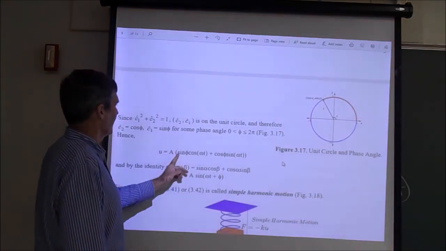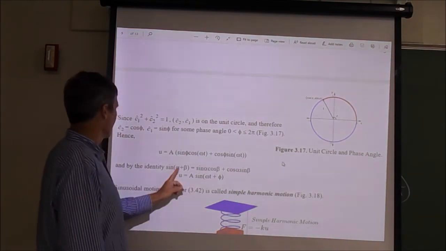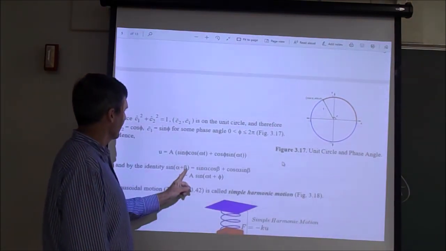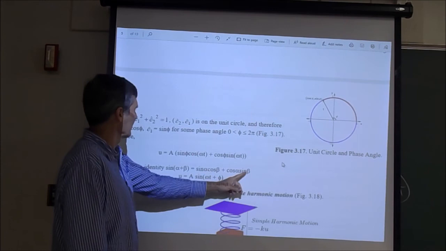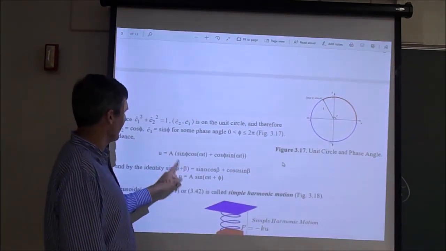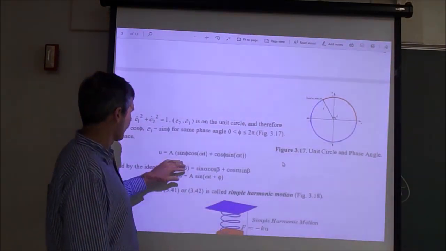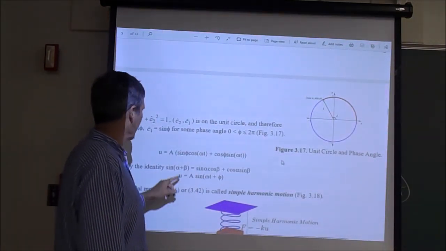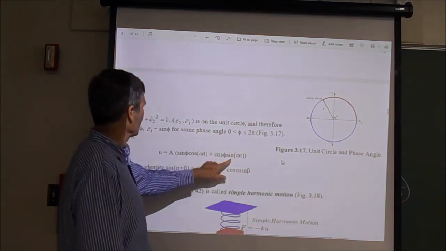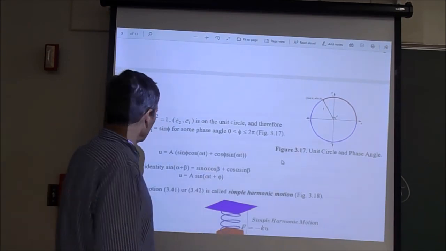But wait a minute, the sum of angle formulas says that sine of alpha plus beta is sine cosine plus cosine sine. So this can be rewritten as u equals A times sine of omega t plus phi. Sine cosine plus cosine sine is the sine of the sum of these two angles, phi and omega t.